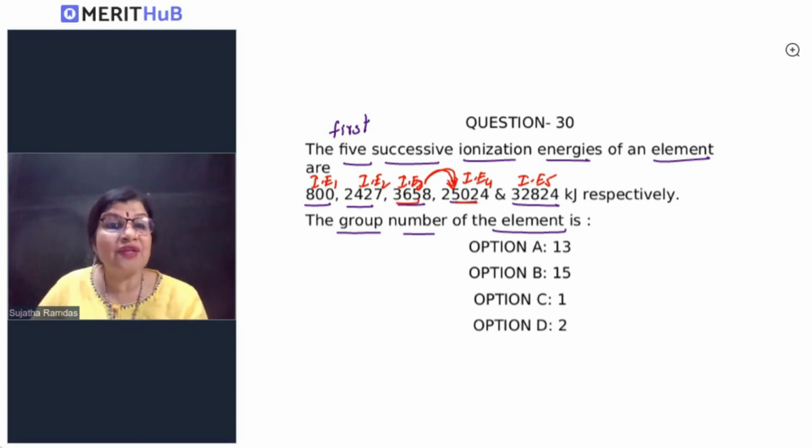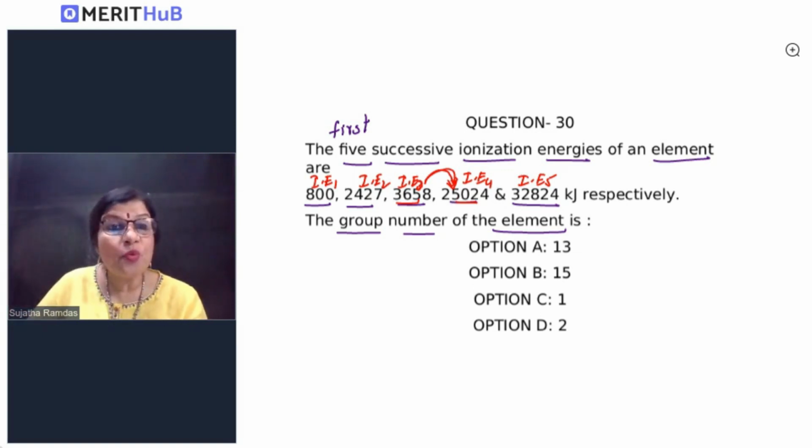Such a large increase in ionization energy is observed only when an electron is removed from a new inner shell, closer to the nucleus. Closer to the nucleus implies stronger attraction, higher effective nuclear charge, less shielding effect. All these factors come into play. There is an additional factor here.